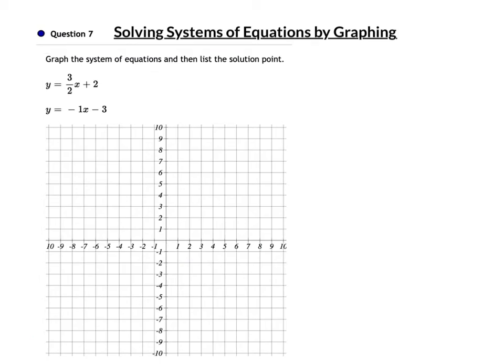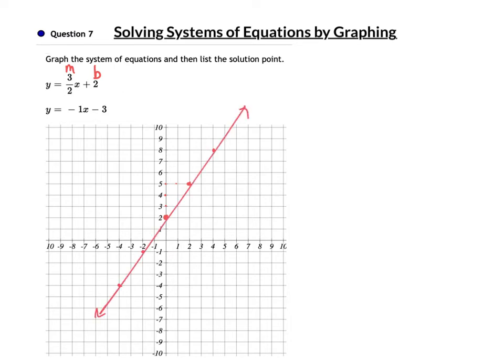For question 7, we have a slope of 3/2, an intercept of 2 for our first equation. Plot your intercept, rise 3 over run 2, up 3 over 2, and you could also go down 3 and left 2. Draw your line.